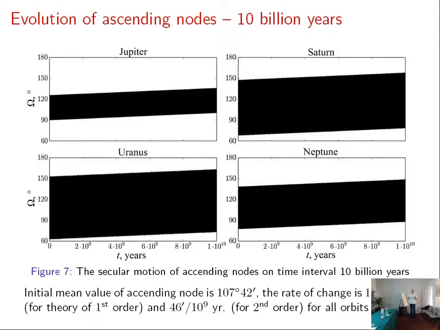The initial mean value of ascending nodes is 107 degrees and 32 minutes, and the rate of change of this mean value is 1 degree per 1 billion years for the theory of first order, and 36 minutes per 1 billion years for second order theory for all orbits.